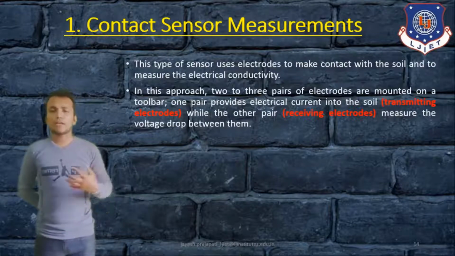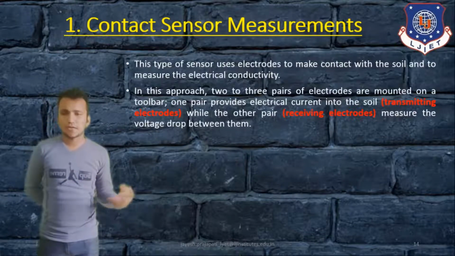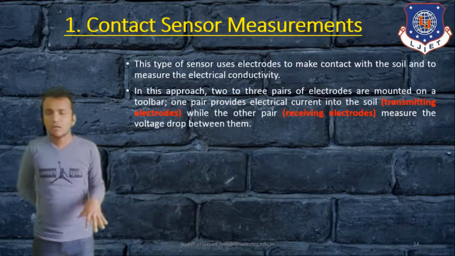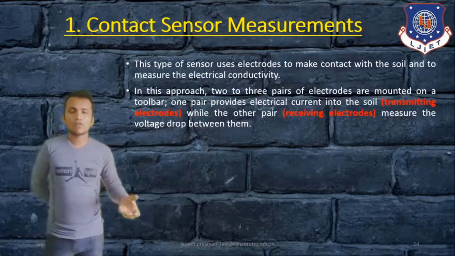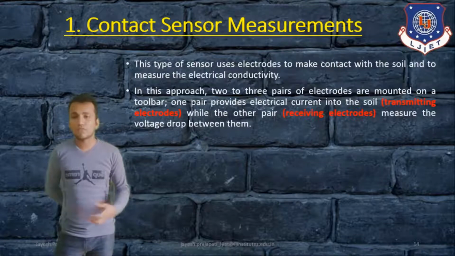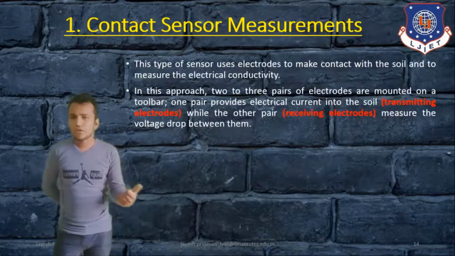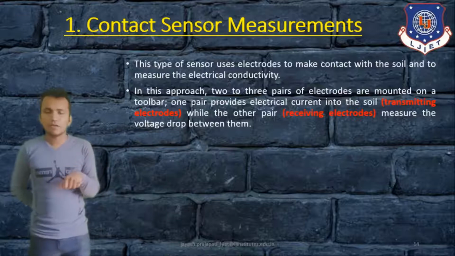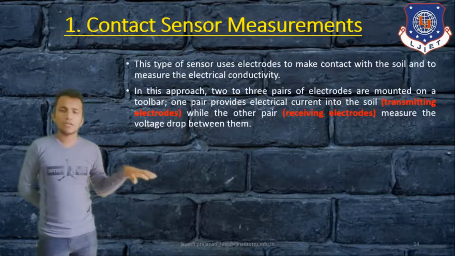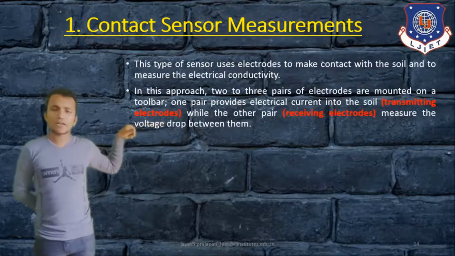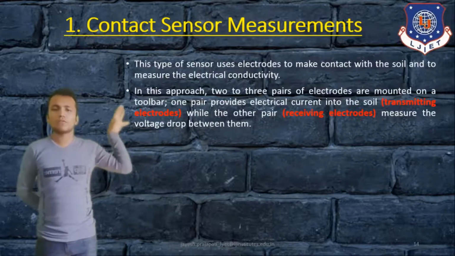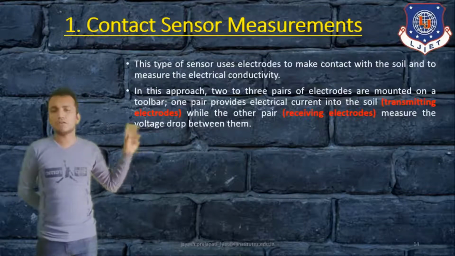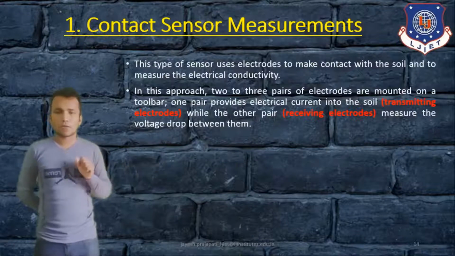One pair provides electrical current into the soil, called the transmitting electrode, while the other pair, called the receiving electrode, measures the voltage drop between them. It is a similar method to resistivity measurement; the only difference is the transmitting and receiving electrodes. One electrode pair transmits the current and the other electrodes measure the voltage drop between them.